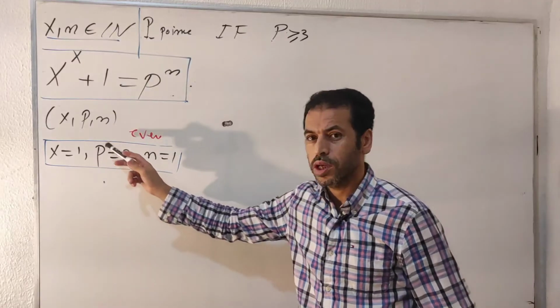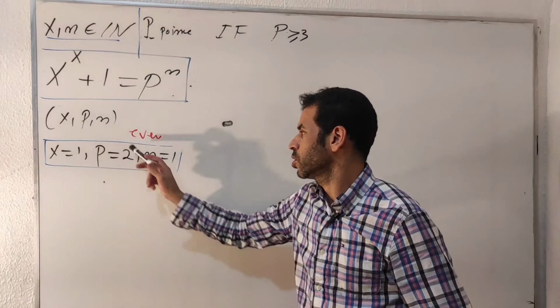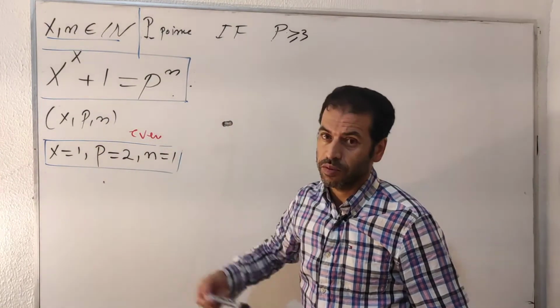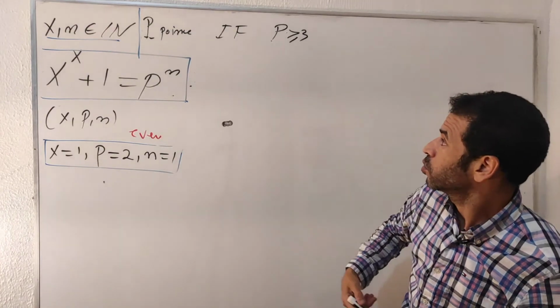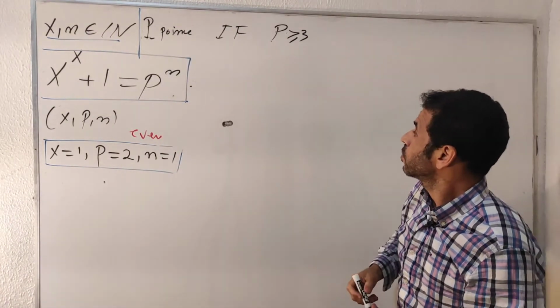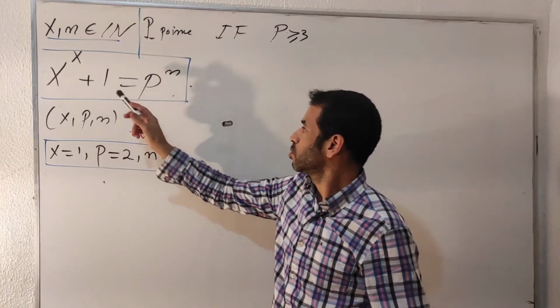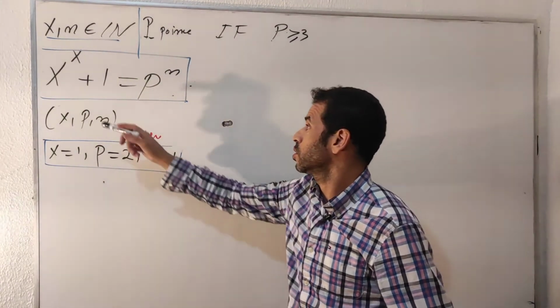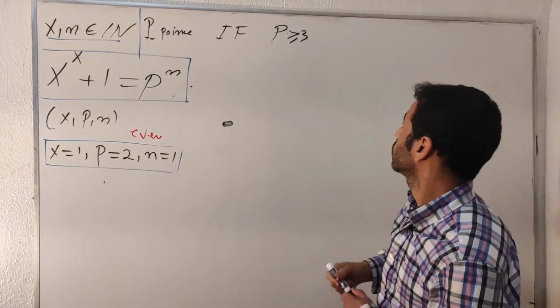Now let's move on to the next case where we can have p as an odd prime. From the last board we have built this solution for p equals 2 as an even prime. Now in this case we are going to discuss when we have an odd prime. So if p is odd, which means x is even, because even plus 1 gives odd.